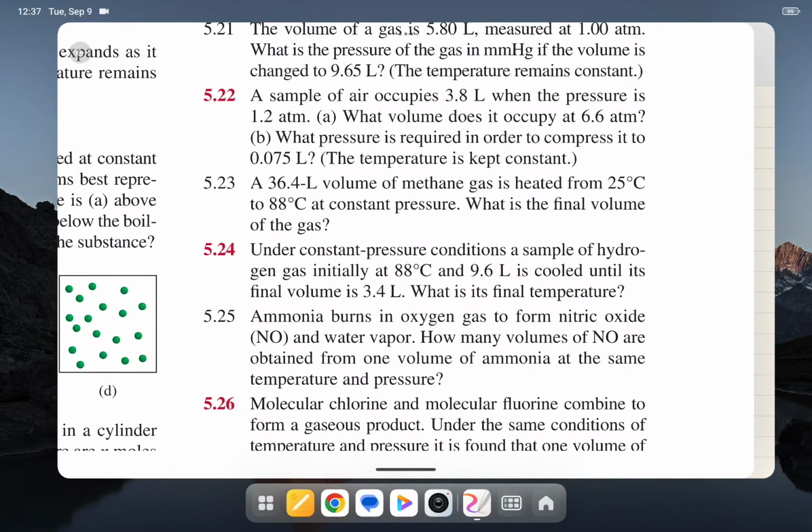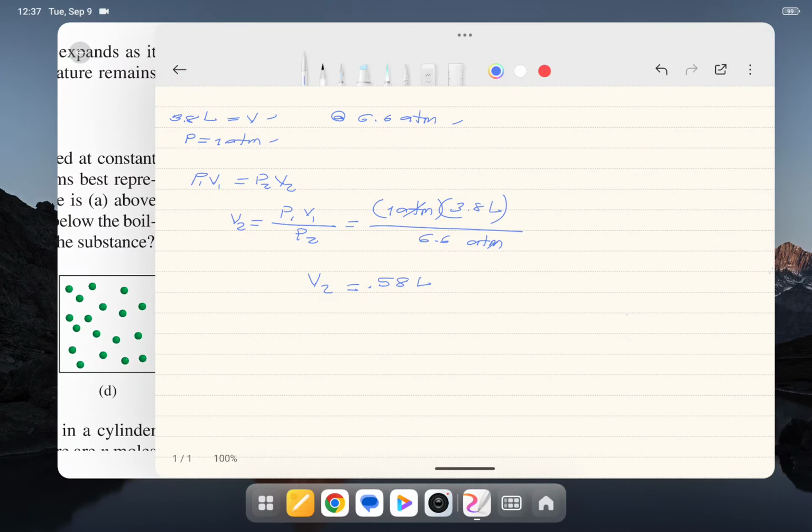Letter B pa. What pressure is required to compress it to 0.075? So case B, you have a volume V2 of 0.075 liters. So basically, P2 now is what is asked.